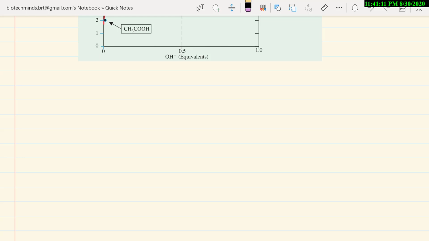Originally the acetic acid formula is CH3COOH, but we are concentrating only on the acid part, COOH. That can be written structurally as O, O, and the H part I will write in a different color to show. This is the acid part of the acid, the proton donor.